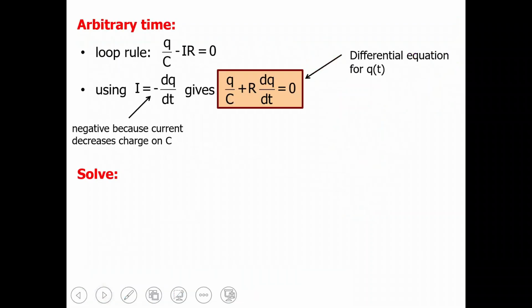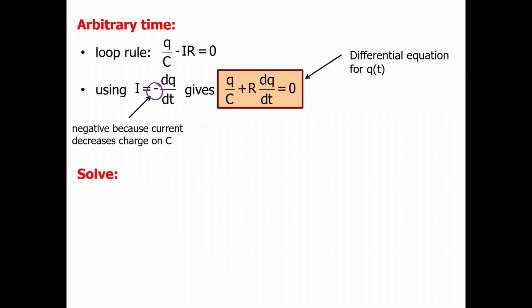So once again, at an arbitrary time, you would use your loop rule. You would sub in dq dt, but if you use this method, you actually have to plug in a negative dq dt because your rate of change is decreasing over time. I may do it slightly differently in the derivation packets.